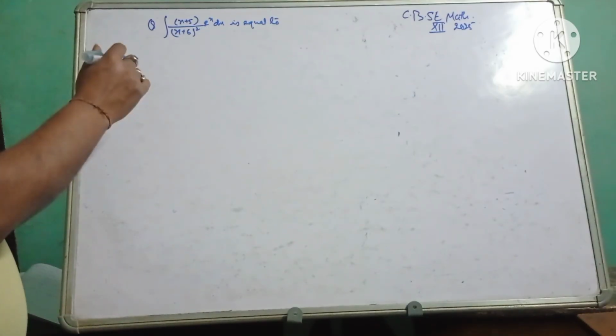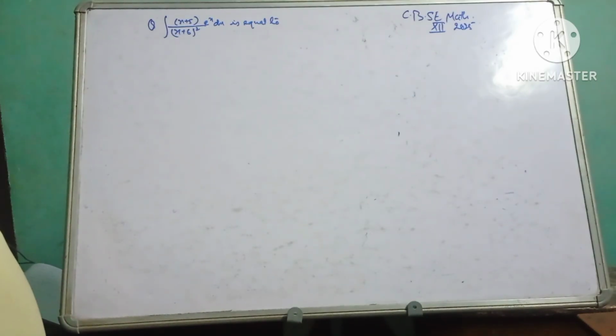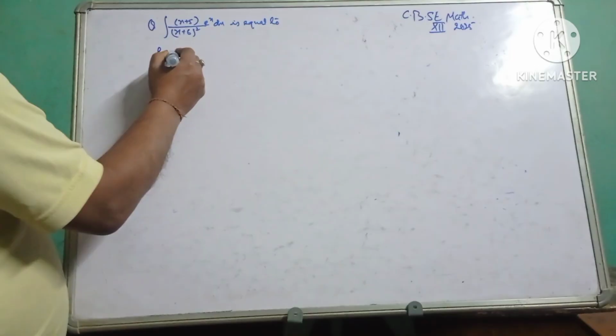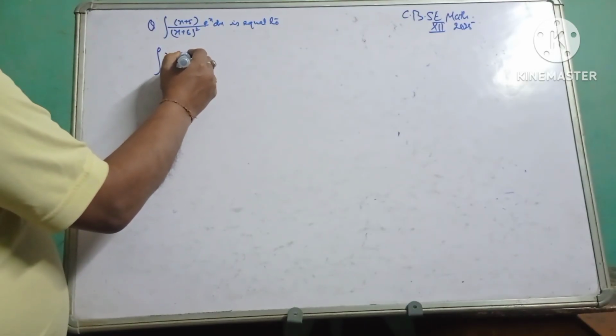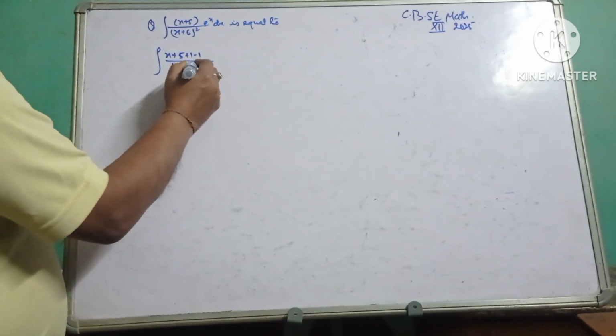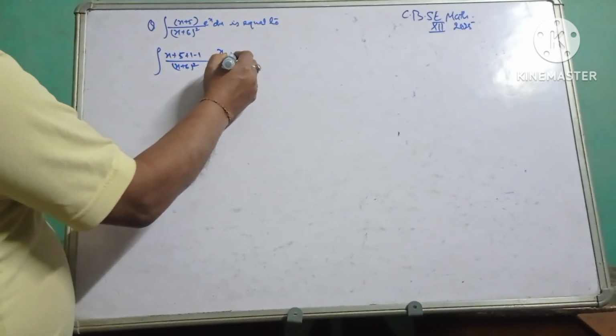Now my next question is the integration of x plus 5 by x plus 6 the whole square e to the power of x dx is equal to. To solve this, just a simple adjustment, 5 plus 1 minus 1 by x plus 6 the whole square e to the power of x dx.